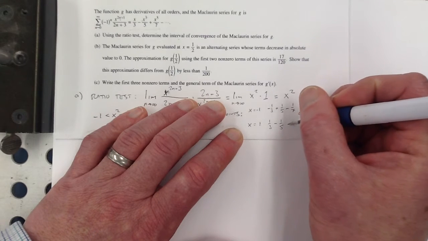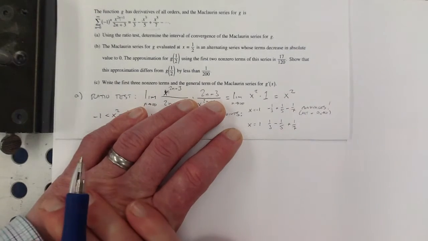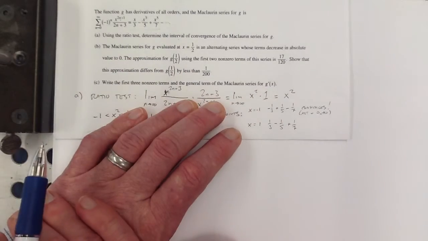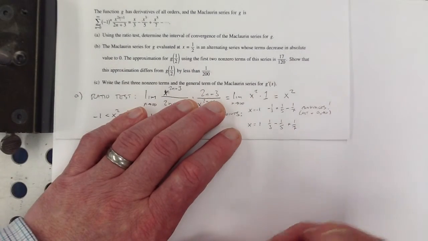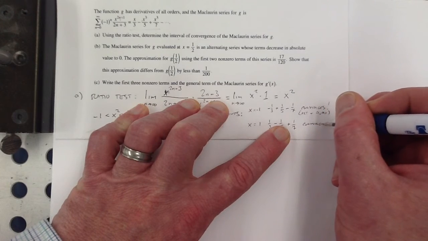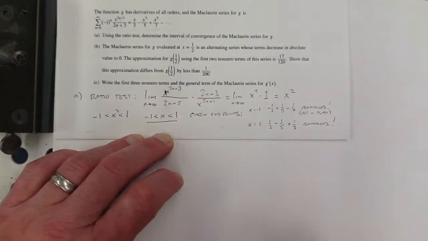And it looks like this is going to alternate too, right? When I plug in 1, then I just get the series, so the negative 1 just flipped all the signs, so this also converges, because it's an alternating series and the terms are going to 0.